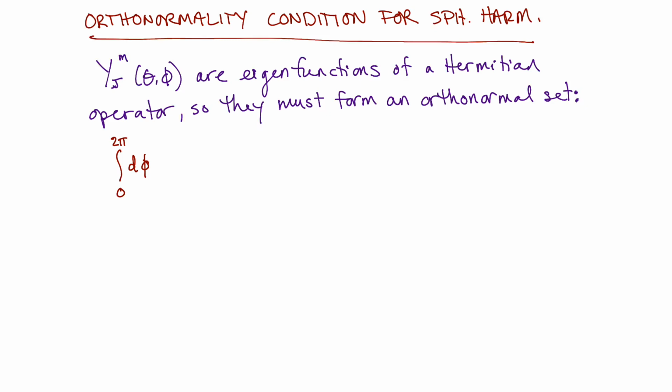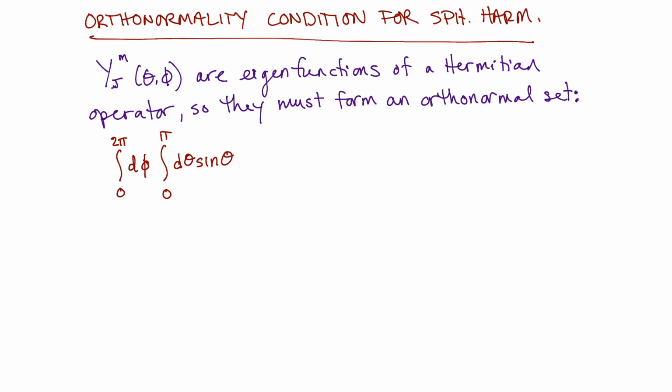Remember, the differential volume element for phi is just d phi. That one's nice and simple. And then we have our theta integral, which is over the limits of 0 to pi. And remember our differential volume element for theta is d theta sine theta.